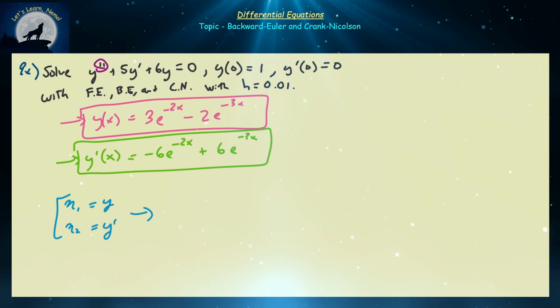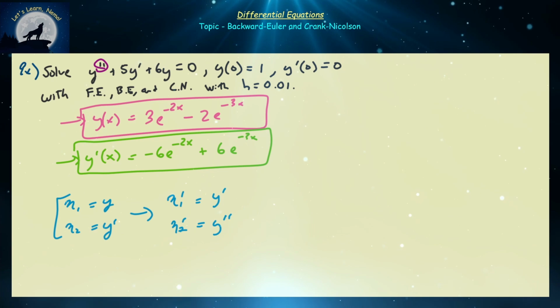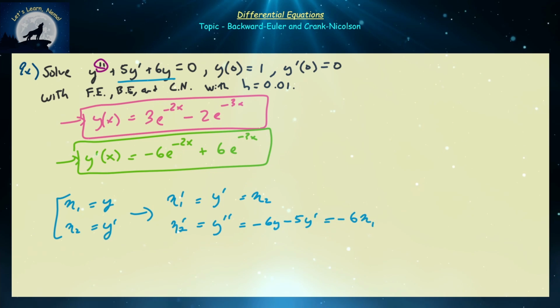Once we define these two new variables, we're going to have eta1 prime and eta2 prime, which is going to give us y prime and y double prime. But again, keep in mind y prime has a new name. Its new name is eta2. And y double prime can be isolated in our original equation to be equal to minus 6y minus 5y prime, aka minus 6 eta1 minus 5 eta2.